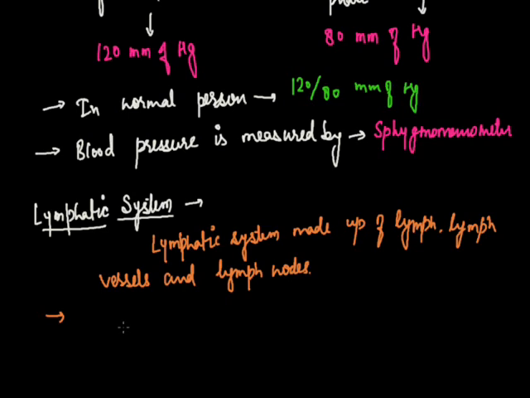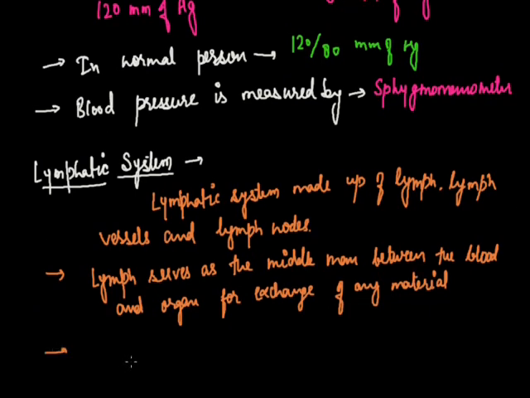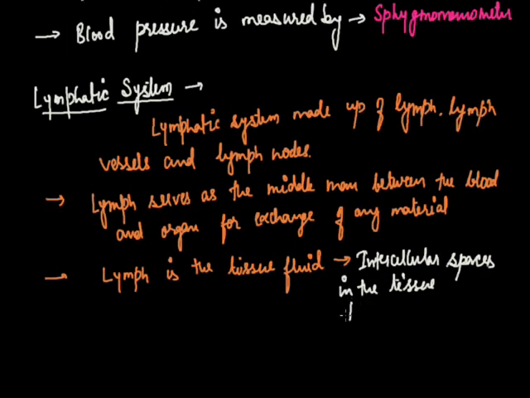Lymph serves as the middleman between the blood and the organs for exchange of any material. The lymph is the tissue fluid present in the intercellular space in the tissue, so it is also called extracellular fluid.